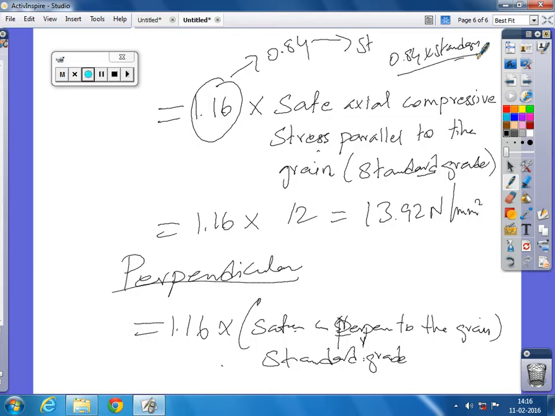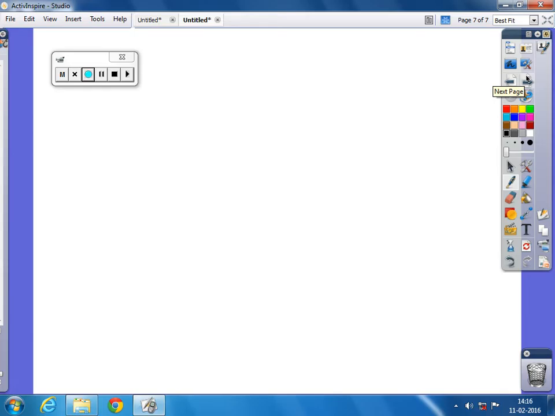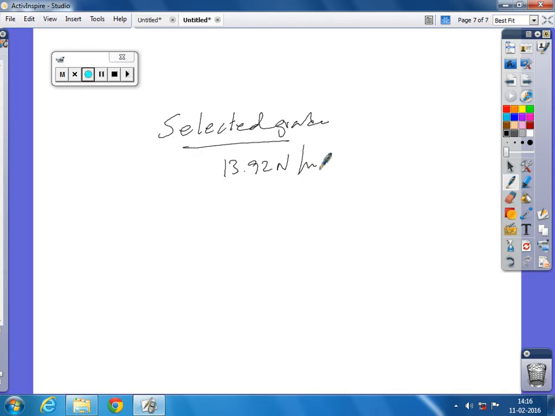Tell me the answer. What is the answer for selected grade? One is 13.92 Newton per mm square.